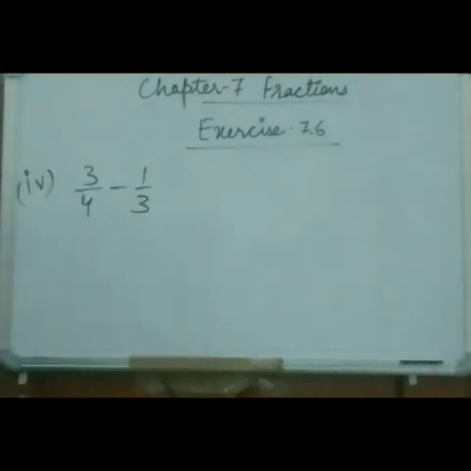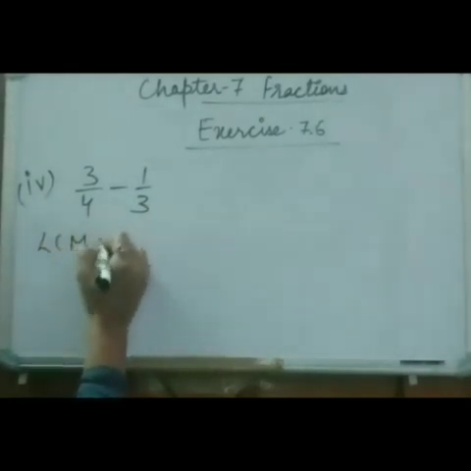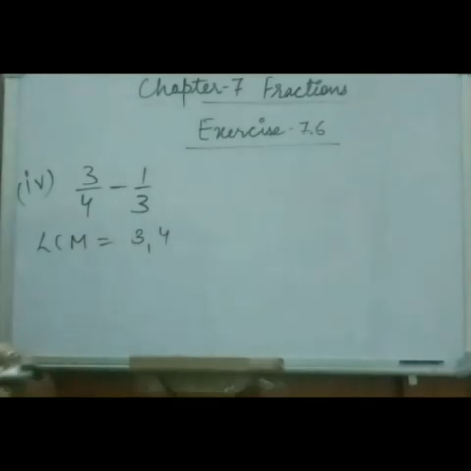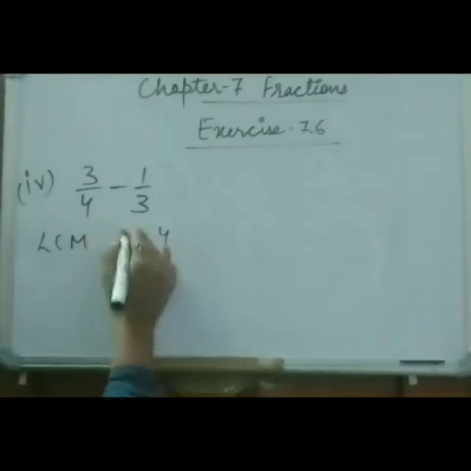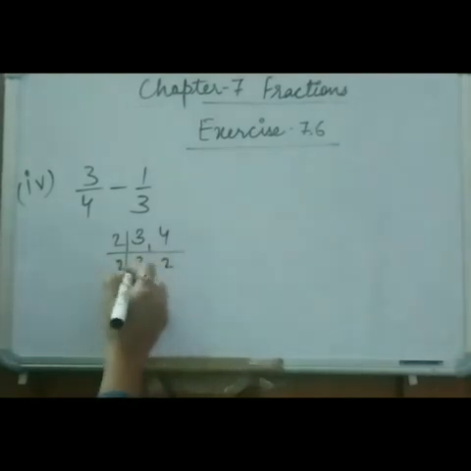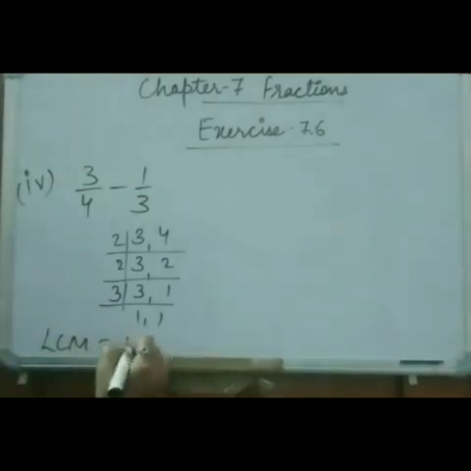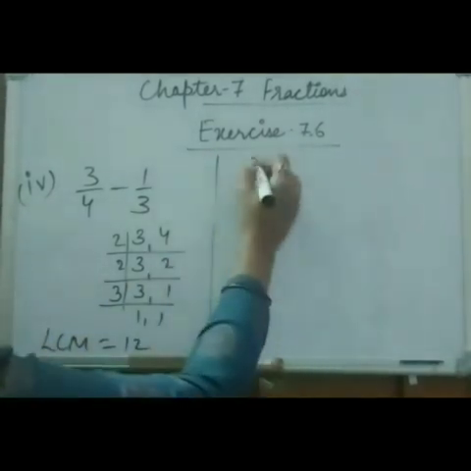Now see this one. Here it is 3 upon 4 minus 1 upon 3. So first of all we will take the LCM of 3 and 4. So it is 2 2s are 4, 2 1s are 2, 3 1s are 3. So 4 3s are 12. So LCM is 12. 3 upon 4.